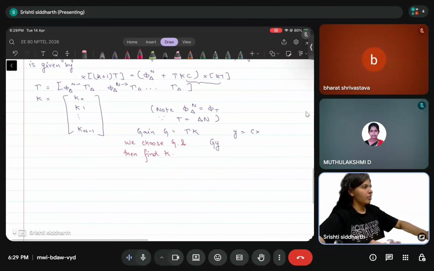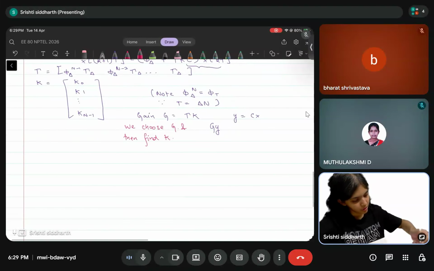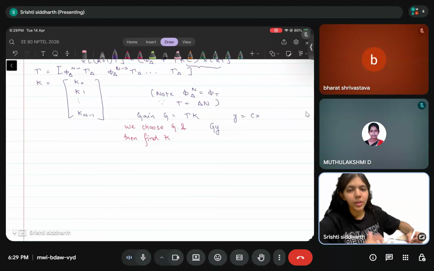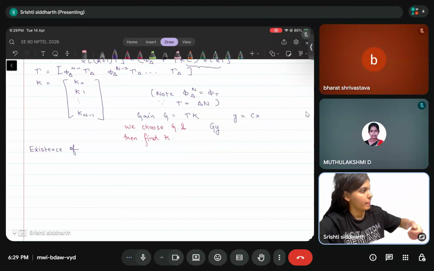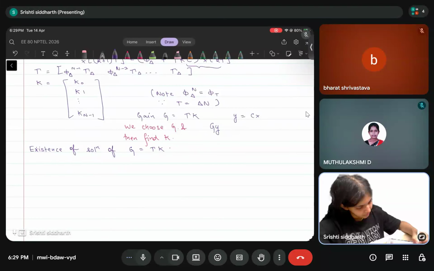So what are the conditions on finding the gain K or the existence of solution? It's that the system should be controllable and observable. So the existence of solution of this equation, G equals gamma K, requires the current system to be controllable and observable.